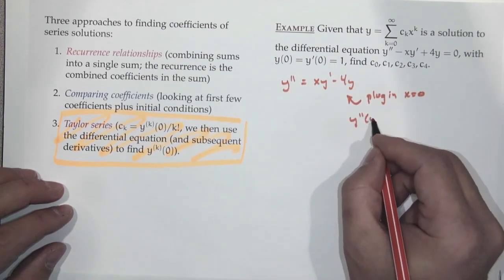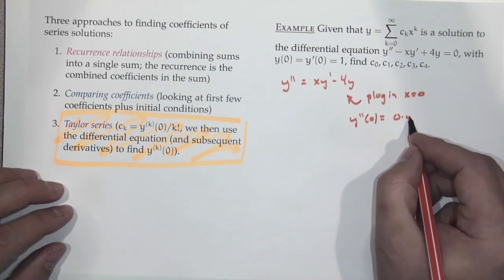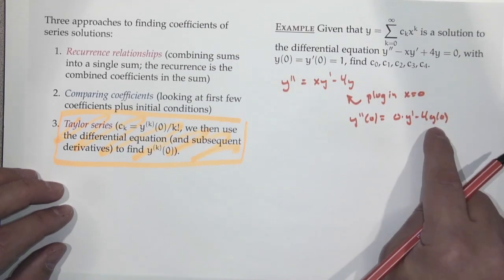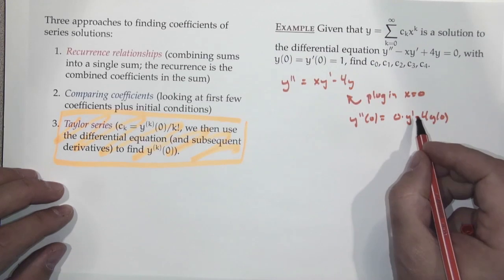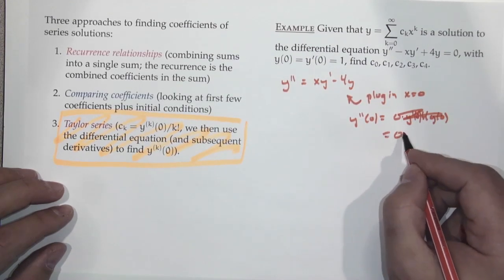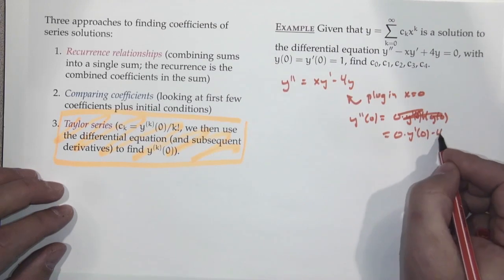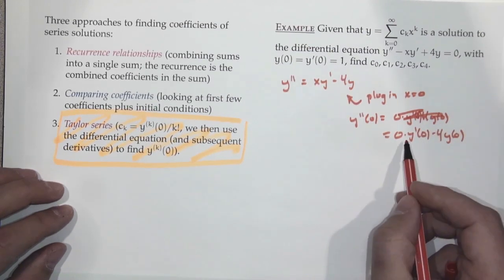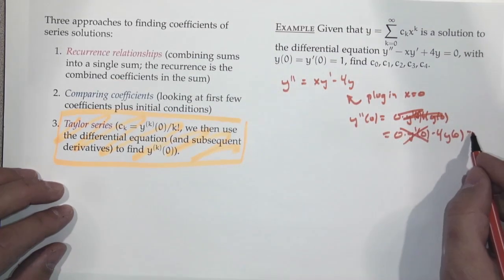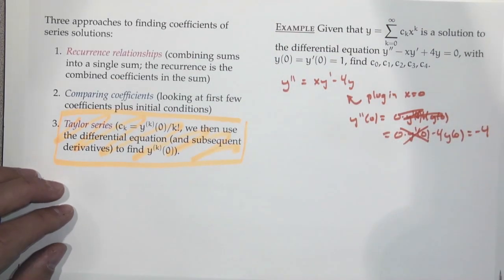Y double prime of 0 is equal to 0 times y prime of 0 minus 4 y of 0. Sorry, I forgot to put a 0 here. Well, 0 times y prime of 0 is 0. Y of 0 is 1. So now we know what y double prime of 0 is. And we didn't even break a sweat.